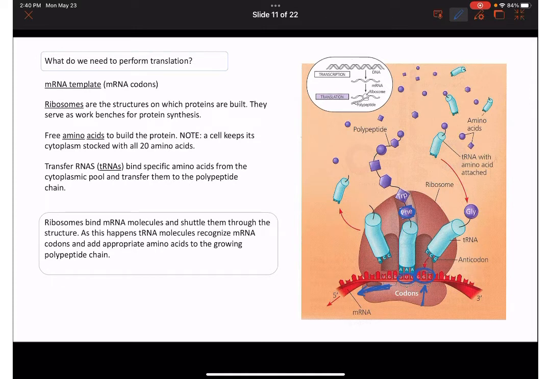And so what happens is that here's what we call a tRNA, a transfer RNA, and this tRNA has an anticodon region. The tRNA is basically going to read this genetic sequence and add the appropriate amino acid to the chain because of it.